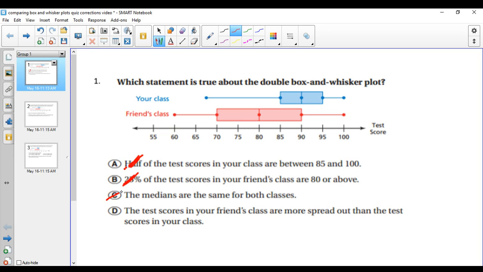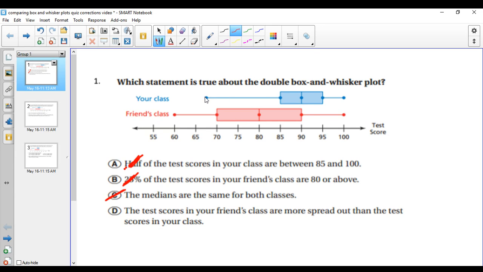So we're hoping that choice D is true. D says the test scores in your friend's class are more spread out than the test scores in your class. So the friend's class is in red, so it goes from 60 all the way to 100. Okay, so that's a range of 40.